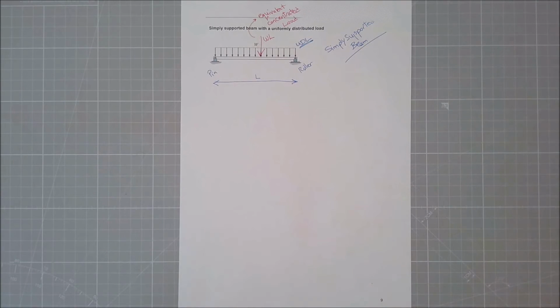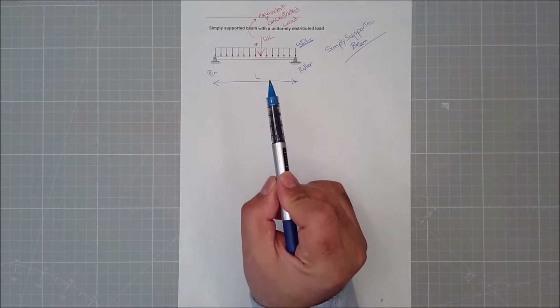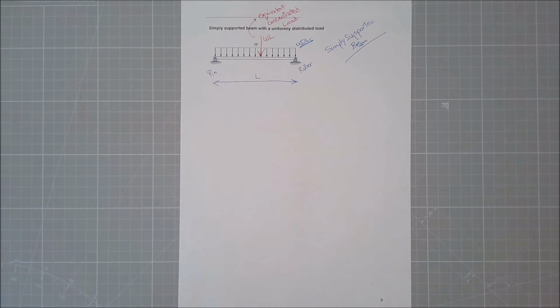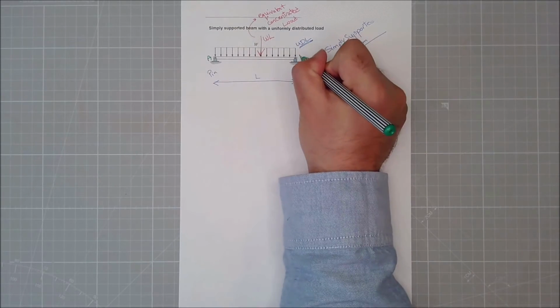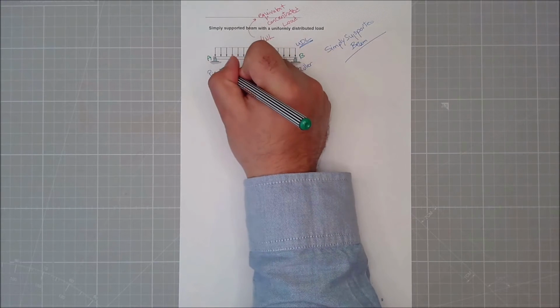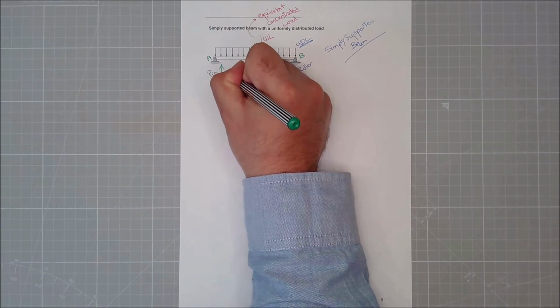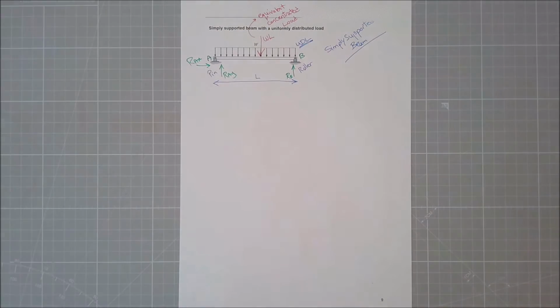On the other side, because I have two supports, I quickly draw the support reactions as well. Let's say this is point A, this is point B. This will be RB, and this will be RAY, and then this will be RAX. Similar to always.